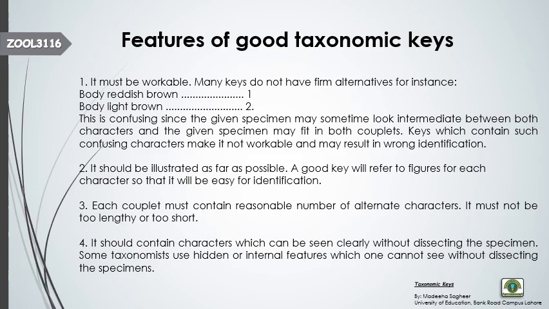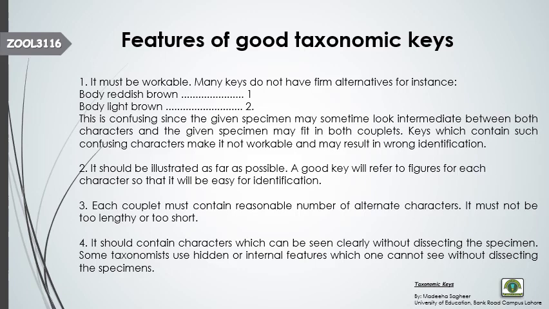Fourth point is that it should contain characters which can be seen clearly without dissecting the specimen. Sometimes the taxonomist who has constructed the key may construct a key that represents the internal features of the organism.